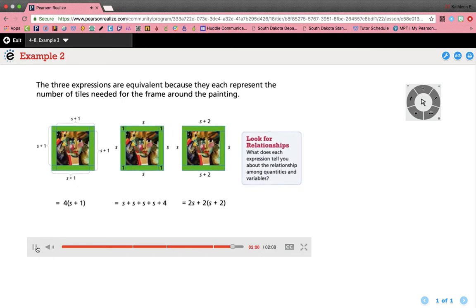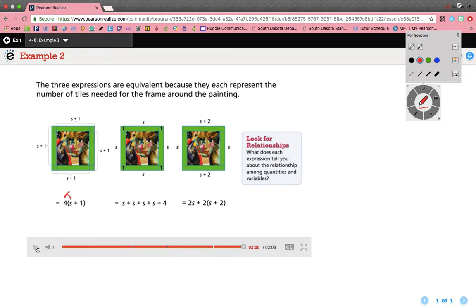Look for relationships. What does each expression tell you about the relationship among quantities and variables? Okay, so if we look at the three different ways that the students figured them out, we know they're going to be equal if we combine the like terms and distribute. If we took the first one, we did 4 times s and 4 times 1.